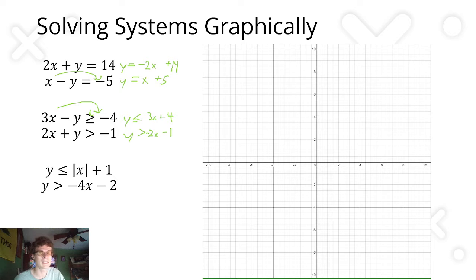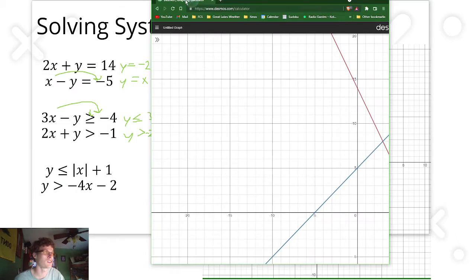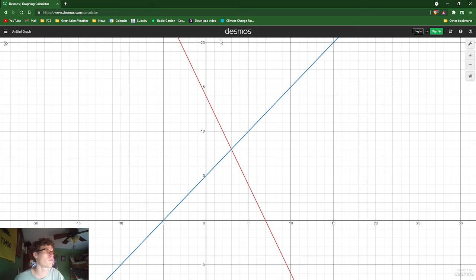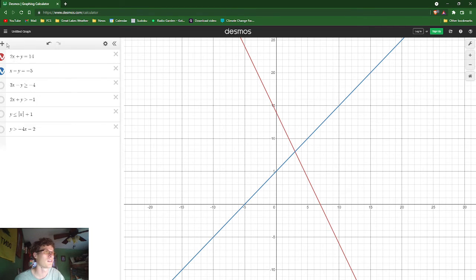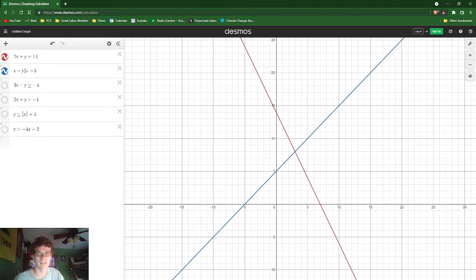Now, I could take the time and graph this for you, but for the sake of time, I am going to use an already pre-made graph. So let's do that real quick. All right, pre-made graph. This is what we got. All right, so this is the first problem. 2x plus y equals 14. X minus y equals -5.